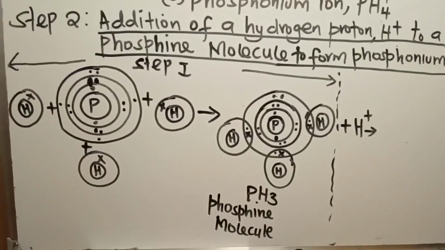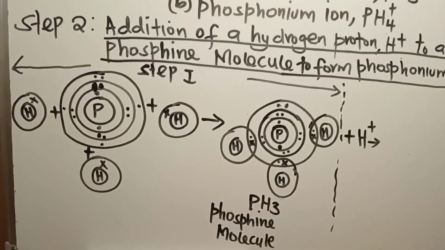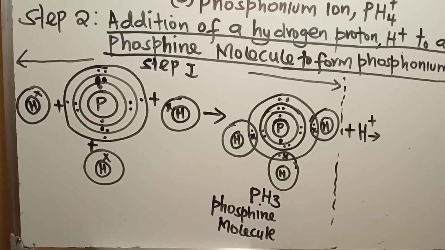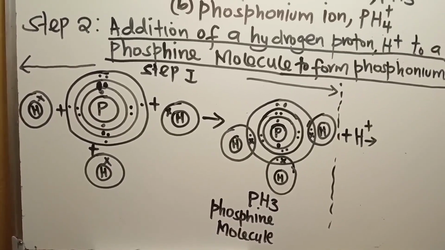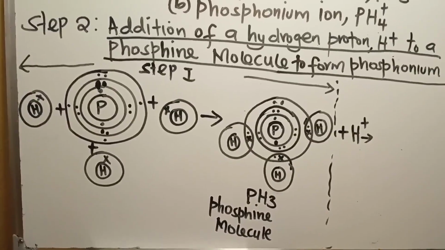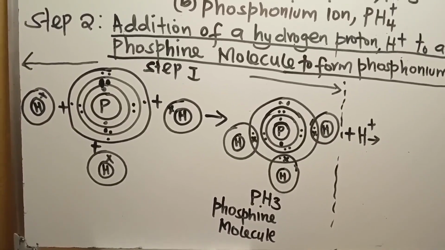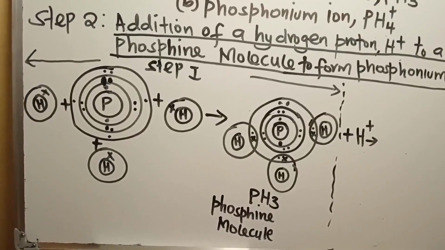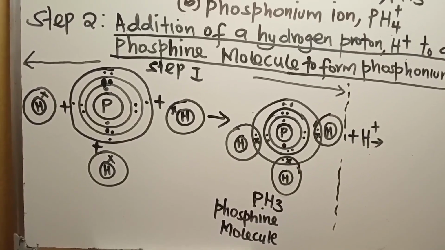That is where it will be attaching itself, because the hydrogen proton is coming in with no electrons. In one of the previous lessons, where we have the introduction to covalent bonding, I already explained that for a hydrogen proton to be formed, it is when hydrogen behaves like a group 1 metal. When it behaves like a group 1 metal, it will be losing the only one electron that it has.